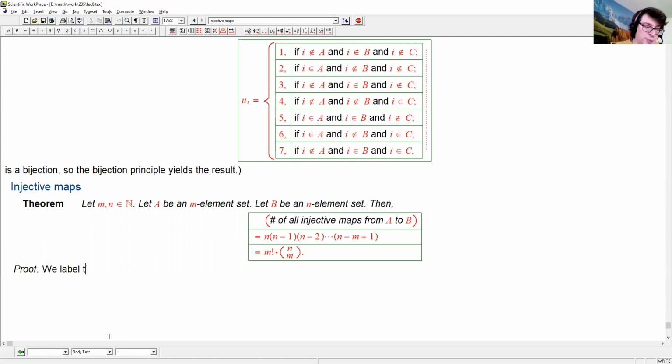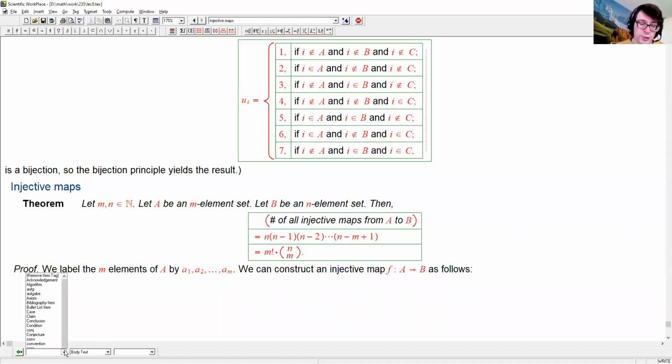We label the m elements of A by A1 and so on up to AM. We can construct an injective map f from A to B as follows. First, we choose the value f of A1.